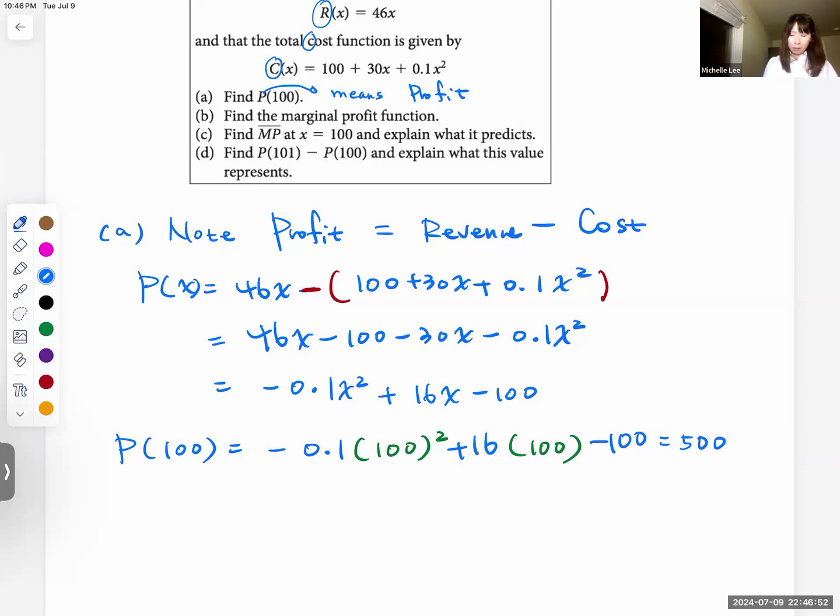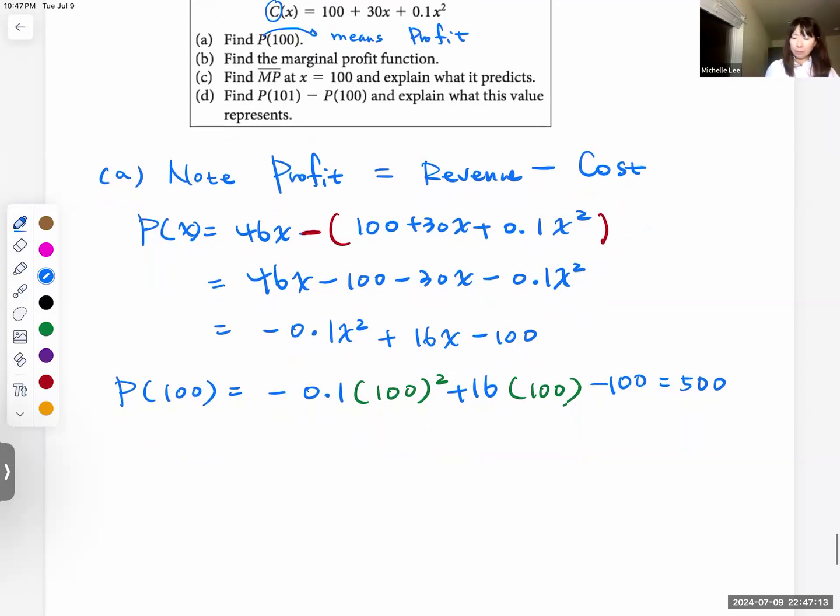That's the profit. So they sell 100. What's the X for? They don't say anything about the X. Some items, then they get a profit of $500.